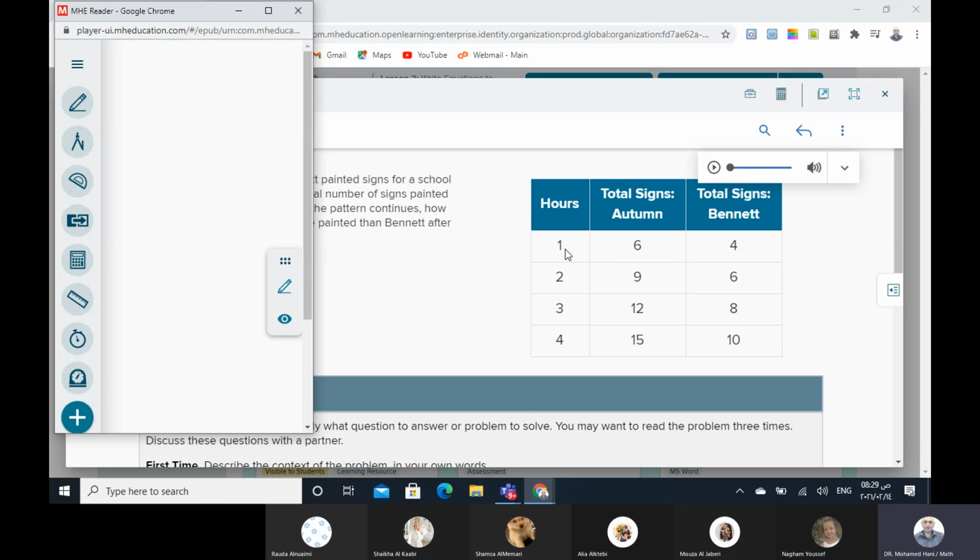What is the equation between the first column and the second column, between the hours and Autumn? If I represent Autumn as A, so A equals what to write the right equation?